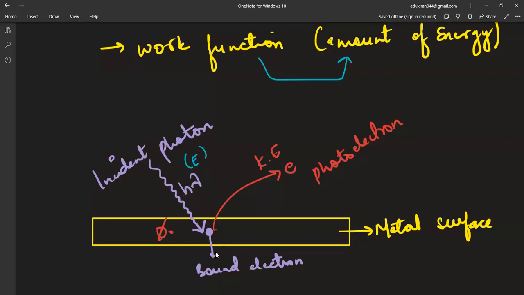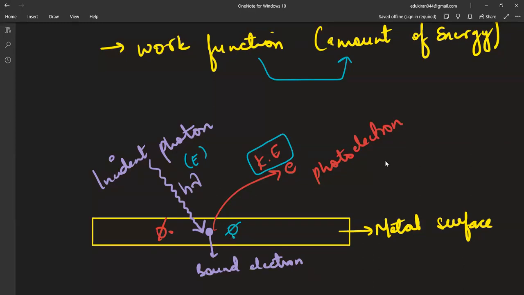This is a bounded electron. So the electron gets ejected, right? But see, it's not only that this is occurring. Initially the electron was bounded, so that bond was strong and the electron wasn't moving. Now when it has started moving, kinetic energy also comes into action. Kinetic energy is present because of the movement of the electron, as well as the energy required by the electron, that is the work function.